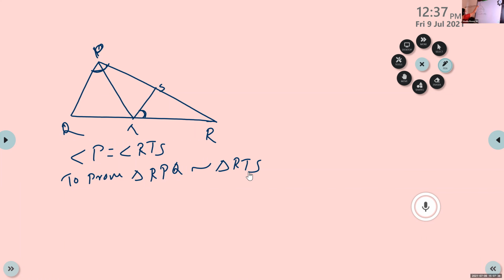RPQ similar to RTS. Any idea? Anything for similarity criteria? Think all of you.